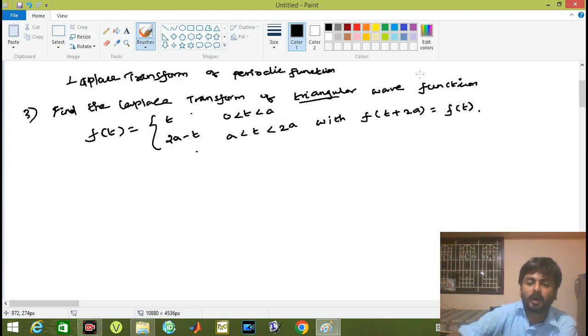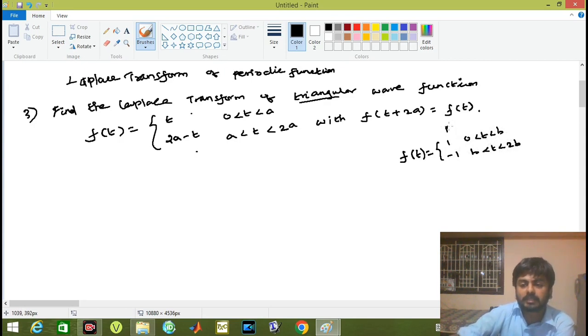I hope you all remember the very first problem we have discussed. In the question we have seen it as rectangular wave Laplace transform. It is a rectangular wave function.